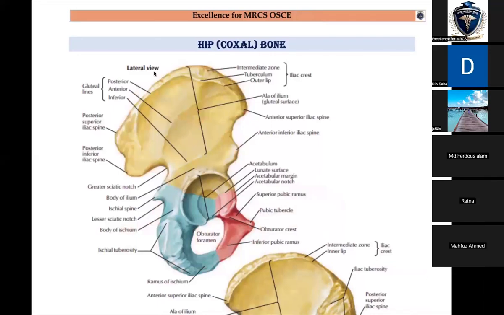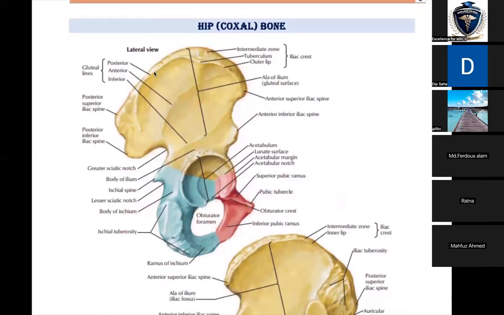Okay, now tell me which sided hip bone is this? Right-sided. Okay, right side. Now tell me why you are saying this is a right sided hip bone.